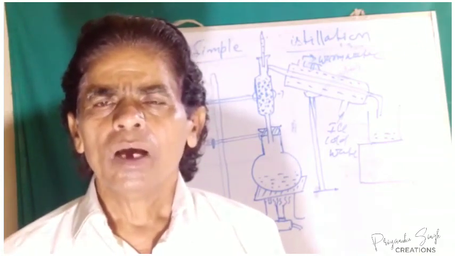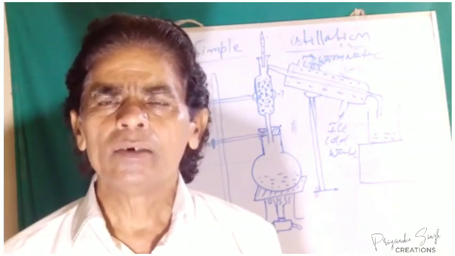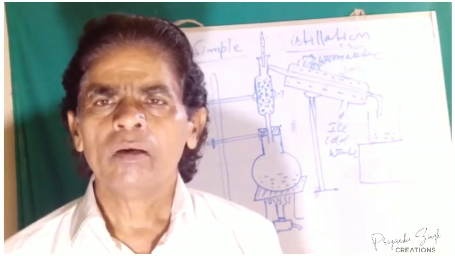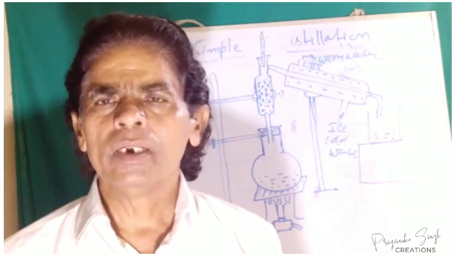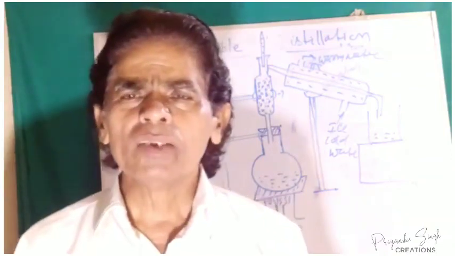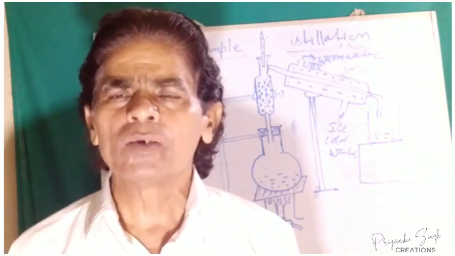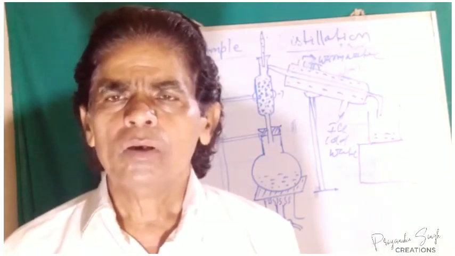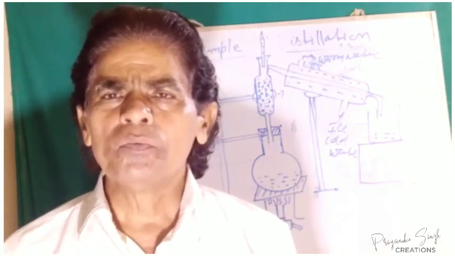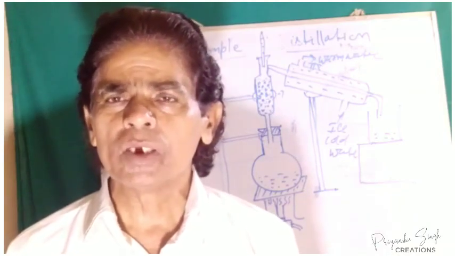And then at last nitrogen is separated at minus 196 degrees Celsius. So the difference in the boiling points of these three components is very narrow, but due to fractional distillation they can be separated from each other.